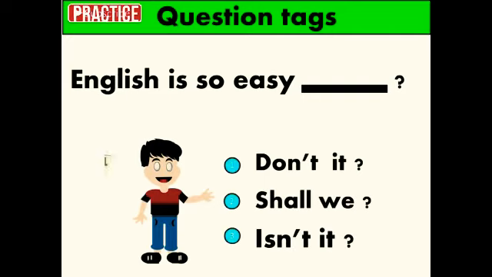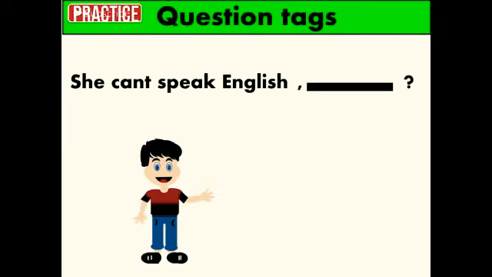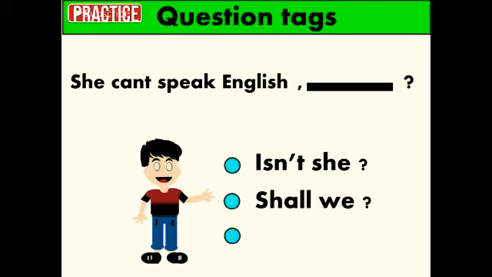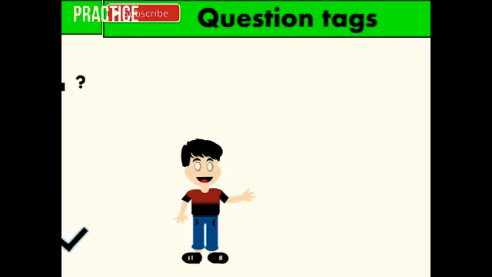So guess what's the option? Isn't it is the correct option. She can't speak English is also a negative statement, so we'll put a positive tag here. Isn't she? Negative tag. Shall we? Can she? Yes, can she is the correct option.